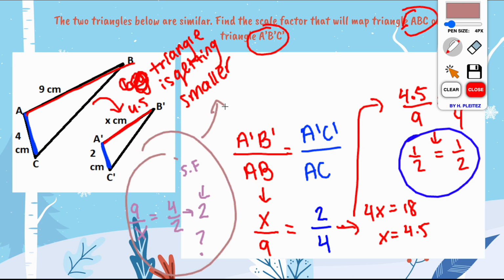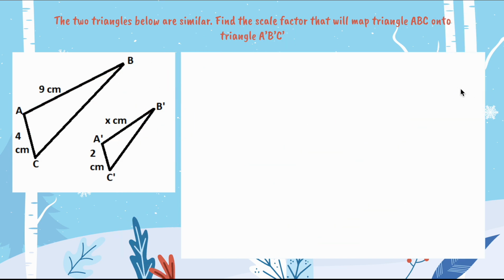We said that our triangle is getting smaller, so we know that our scale factor should be less than 1. If we set our proportion up like this and get a scale factor of 2, immediately that should be triggering something in your brain. You know you put the wrong sides in the numerator. So if you get a scale factor greater than 1 when it's supposed to be less than 1, you can go ahead and reassess the proportions that you make.